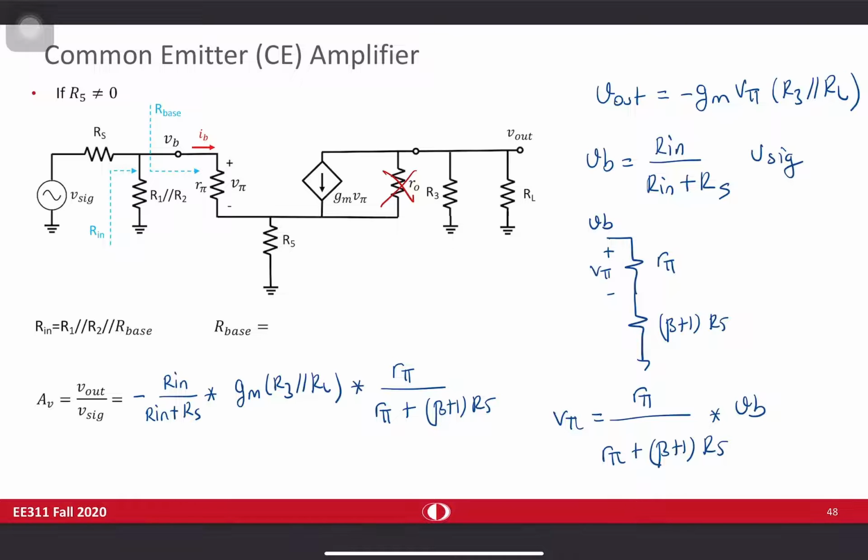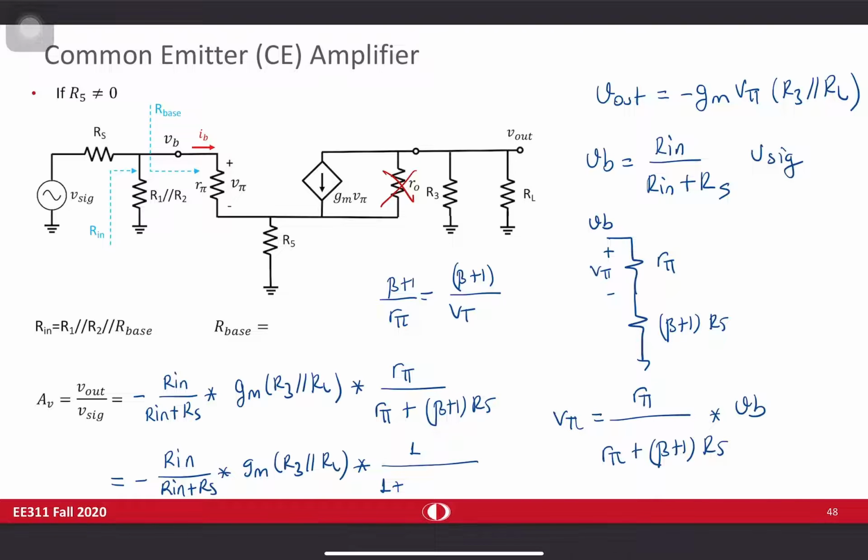I'm going to go one step further. If you divide both parts in here by R pi, the result will be minus Rin divided by Rin plus Rs times Gm R3 in parallel with RL times 1 over 1 over Gm plus beta plus 1 over R pi... Remember that R pi over beta plus 1 is in fact equal to Vt over I base divided by beta plus 1, which is 1 over Gm, almost Gm.